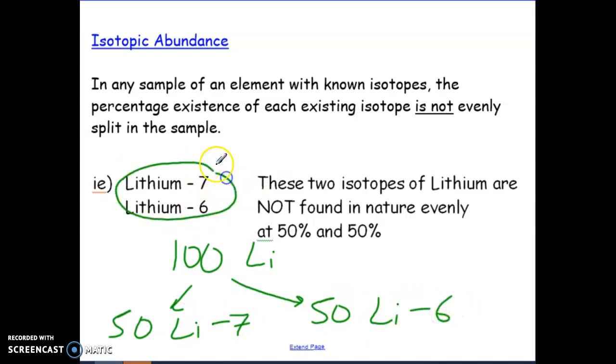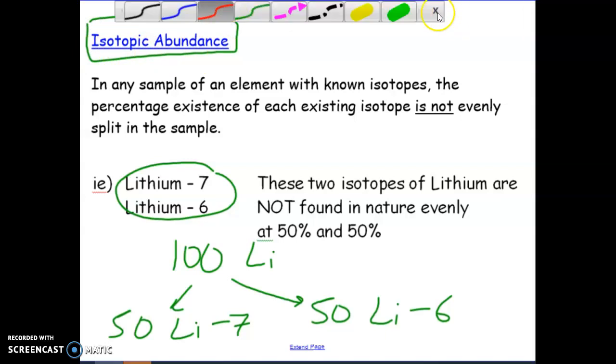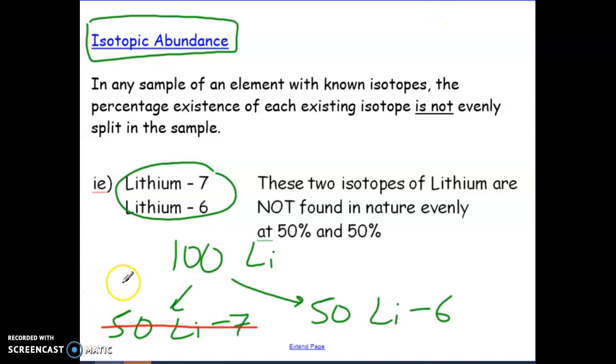Each isotope has its own unique percentage that it naturally exists in. And that's what's called an isotope or isotopic abundance. So for example, I'm just making up some numbers here, but let's say instead of 50% of lithium 7, maybe 10% exists as lithium 7.